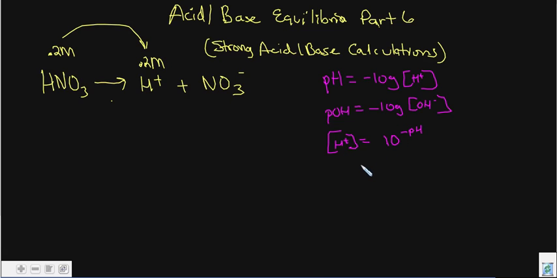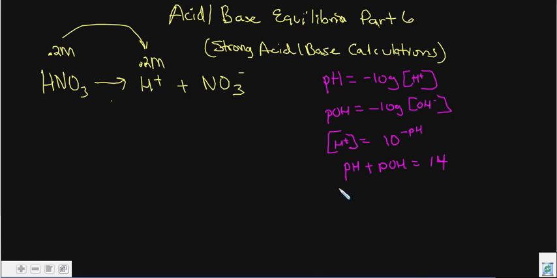And then similarly, pH plus pOH equals 14. So when you add these two together, it equals 14. If you solve for a pOH and you want to find the pH, you just subtract it from 14, vice versa.